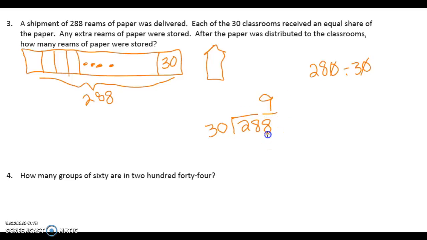9 times 0 is 0. 9 times 3, like we just talked about, is indeed 27. So look, 270 is smaller than 288, which is good. If it were 30 or greater, the other number would be smaller, and then this could be bigger, couldn't it?